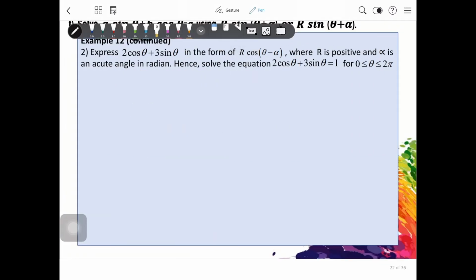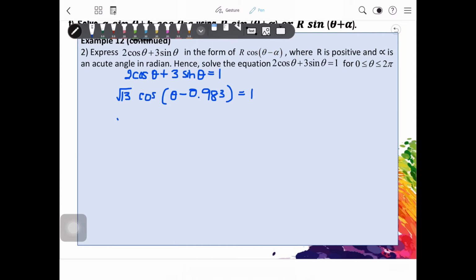Okay, so I'm going to write down here. Just now we have 2 cos theta plus 3 sin theta equals to 1. So from the R form that we solved just now, we know that this can be written as square root 13 cos theta minus 0.983 equals to 1.